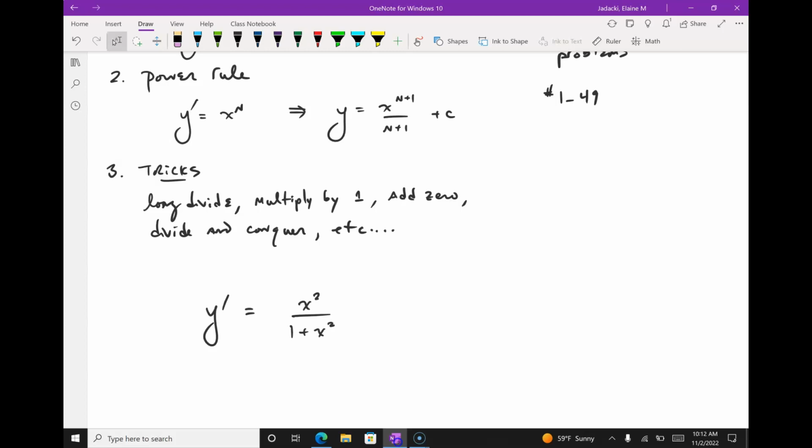So I'm going to add 0 and then divide and conquer. I'm going to do 2 tricks in one with this one. Anybody recognize this one?